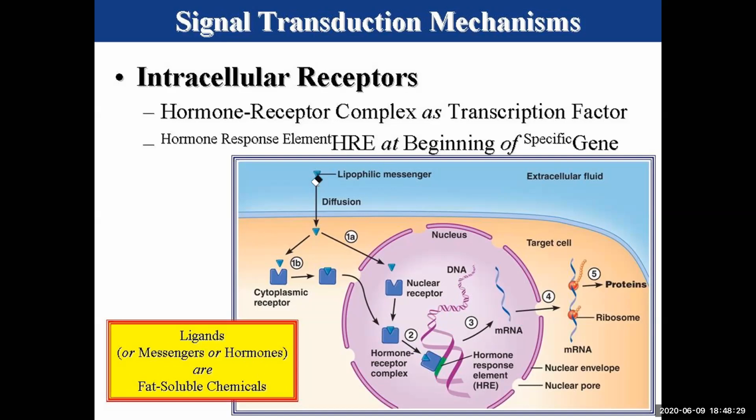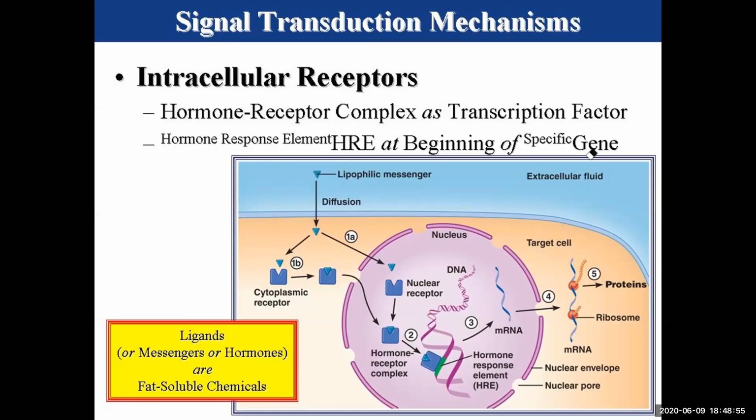Okay, so in this case, if the messenger is fat soluble, HRE, hormone response element, in this case acts as a transcription factor. And the transcription factor recognizes a specific sequence on a DNA molecule, which is a gene, right?